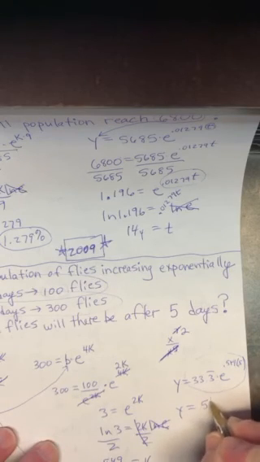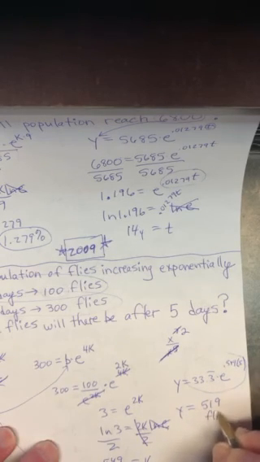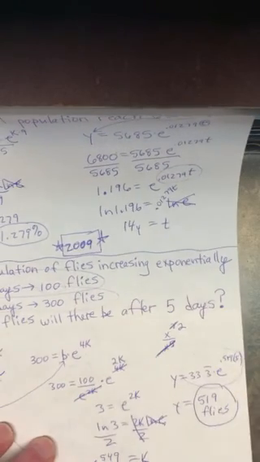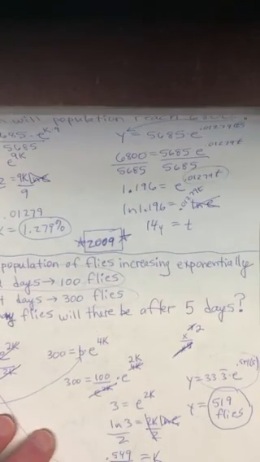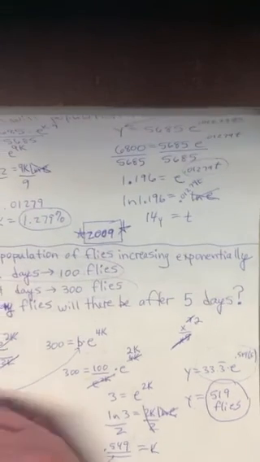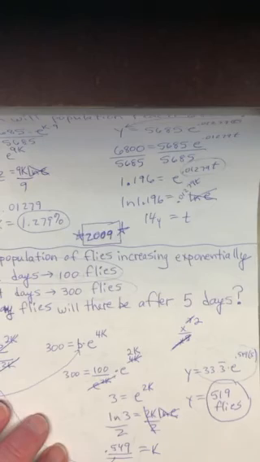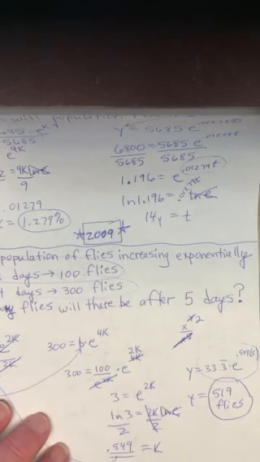So 519 flies is the prediction of how many flies there's going to be in that room, or on your lunch, or wherever those flies are hanging around after 5 days, around that garbage, we'll call it that, okay?